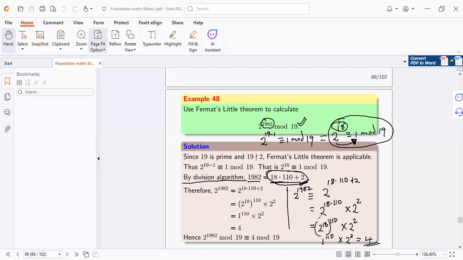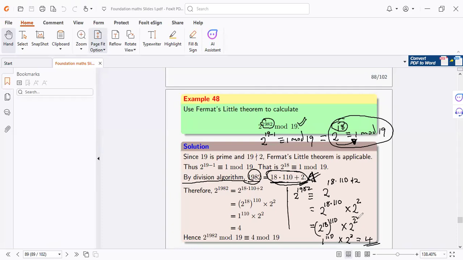I don't want to be going through all these steps. So if I don't want to go through all these steps, I just come back here, noting that the remainder is 2 after this division algorithm. You can see that 2 here.